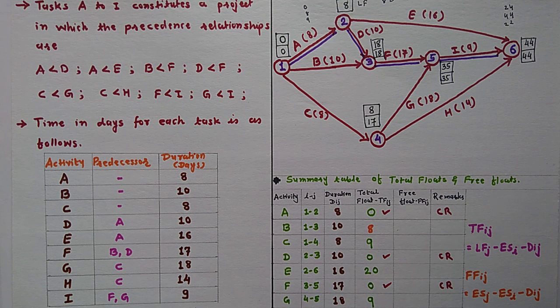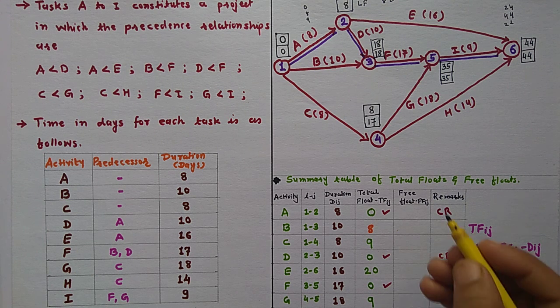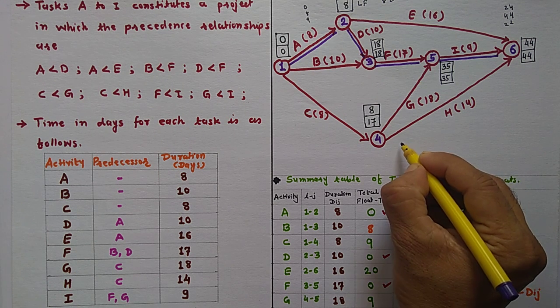So from the total float and free float calculation you can identify the critical path, and you also have to find the project duration. So what is your critical path here?